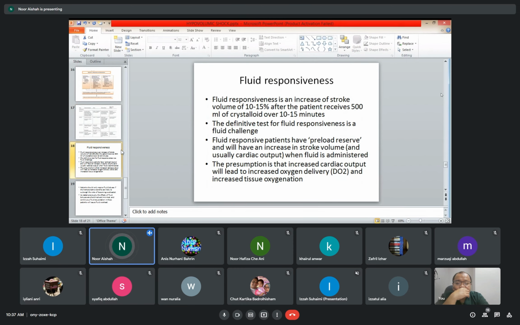And then the definitive test for fluid responsiveness is a fluid challenge lah. And then fluid responsive patient have preload reserve and will have increased stroke volume and will result in increased cardiac output when the fluid is administered. And the presumption is that increased cardiac output will lead to increased oxygen delivery lah and increased tissue oxygenation.